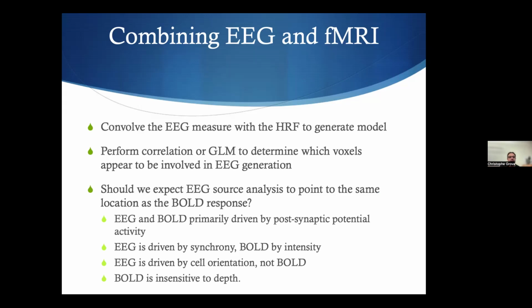Should we expect EEG source analysis and fMRI to be in exactly one-to-one correspondence? The answer is no. There should be some level of correspondence, but not one-to-one. EEG and BOLD are primarily driven by postsynaptic potentials, but the main difference is that EEG is mainly driven by synchrony.